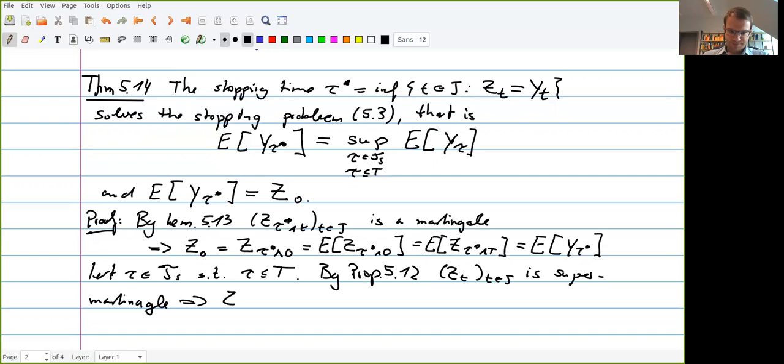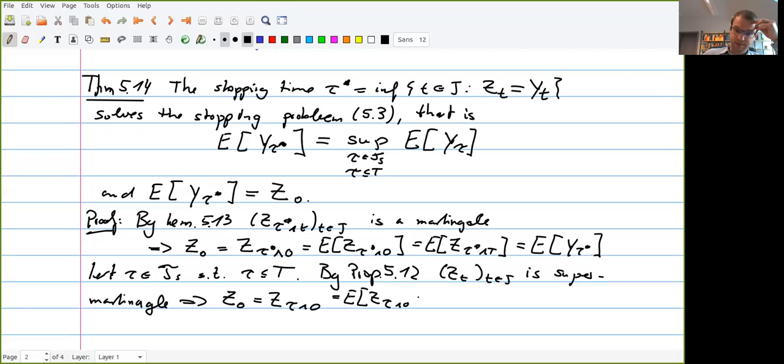If I consider the process Z, the Snell envelope, and stop it with respect to this stopping time, any arbitrary stopping time bounded by T, then Z at time 0 is equal to, if I stop with respect to this and take the minimum, the same calculation actually.